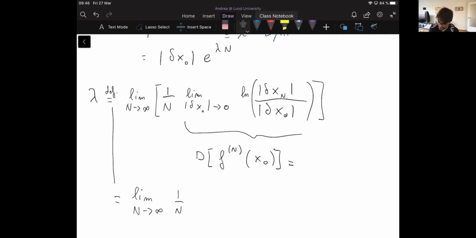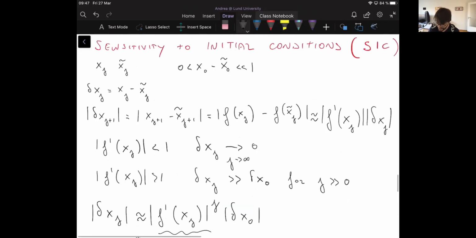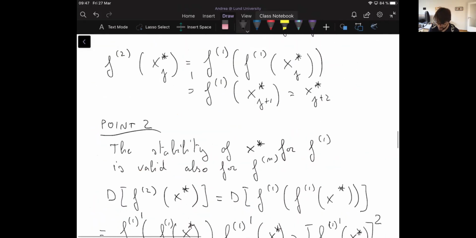So the derivative of this Fn corresponds to the product for j that goes from 0 to n minus 1 of f prime of xj. That also is related to the derivative in xn, but the idea is to iterate the one that we derived at the beginning of the lecture in this way.